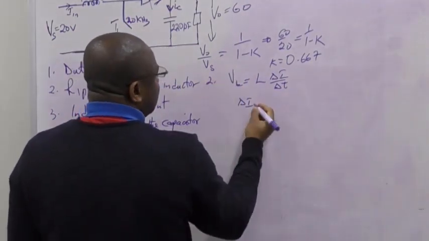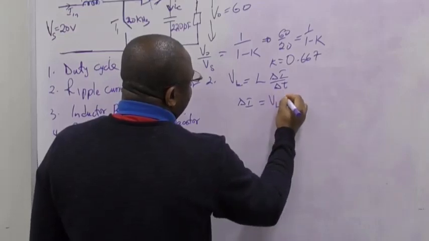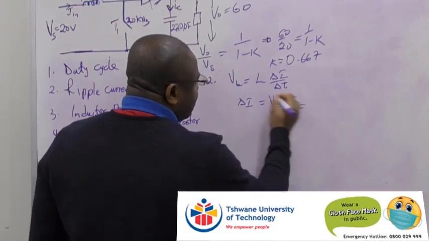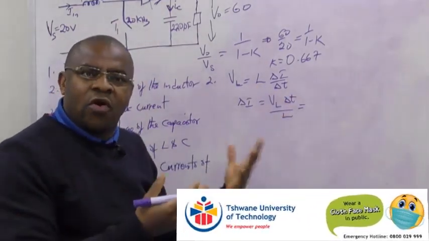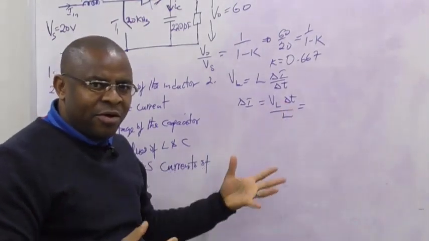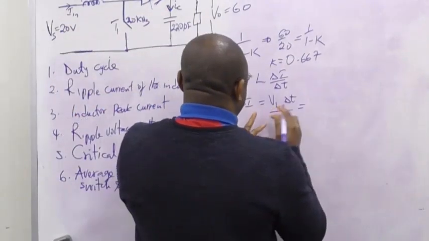Delta I is VL delta T divided by L. Remember the T we are talking about is the time of on. But now what is time of on? It is KT, T on.